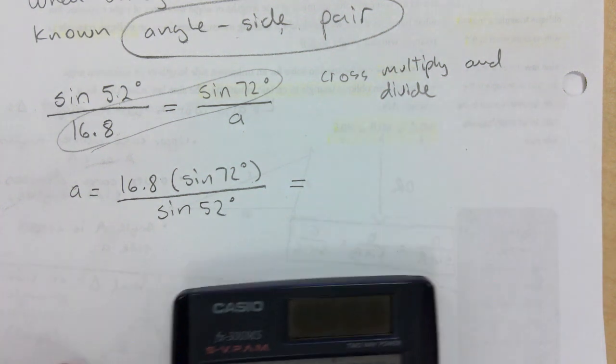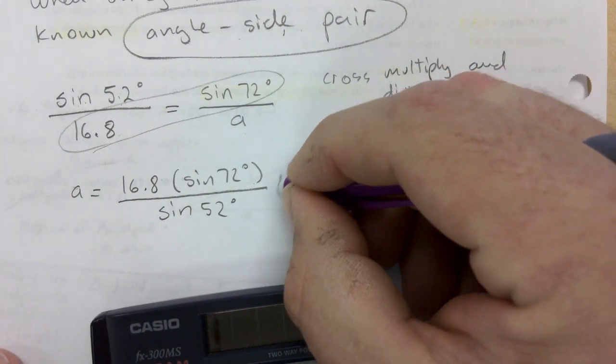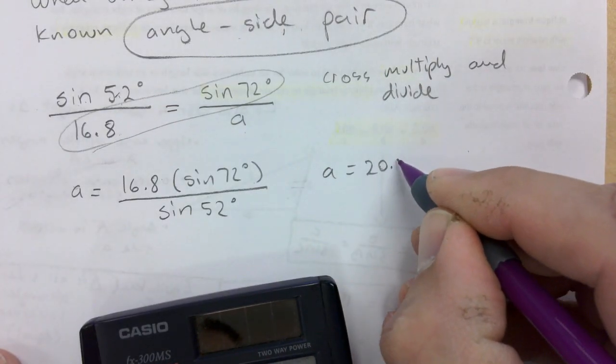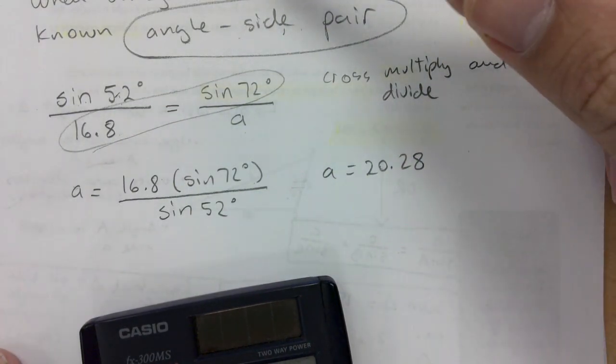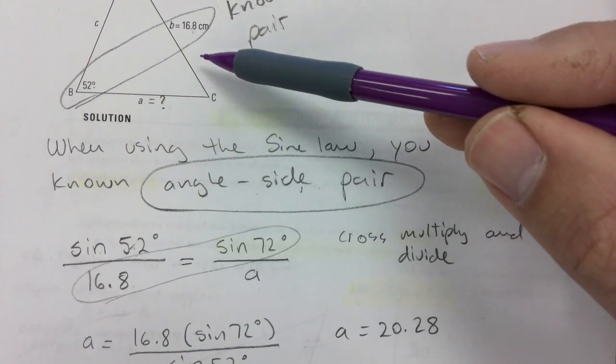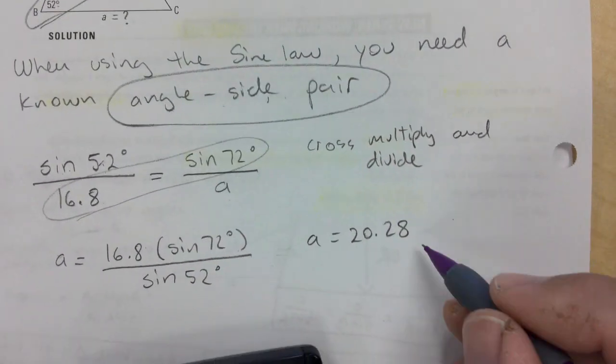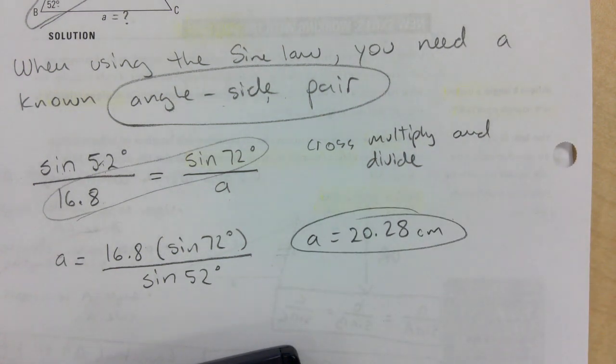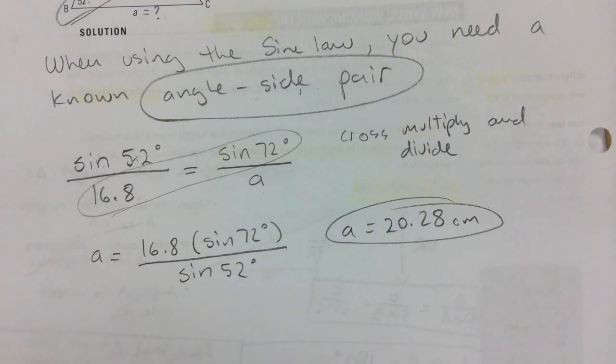Okay. I'm just going to go one more line here. A is 20.28, and we are in centimeters. If you go back, sides are in centimeters. So there. That's how you do it.